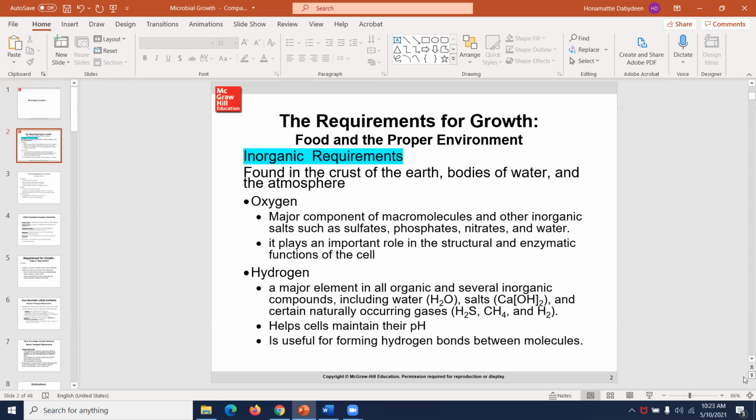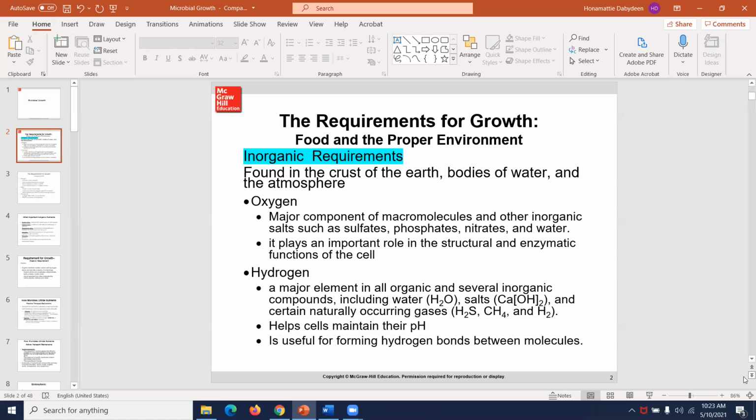For example, we have oxygen. That's needed. It's a major component of all the macromolecules and other inorganic compounds, organic salts such as sulfates and phosphates and nitrates. And of course, water itself has oxygen in it. Oxygen plays an important role in the structural and enzymatic function of the cell.